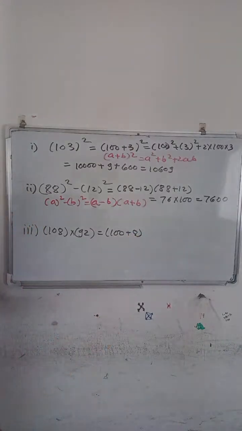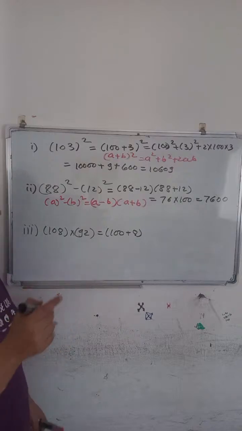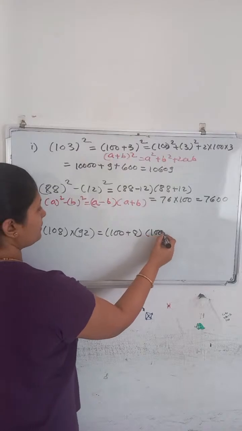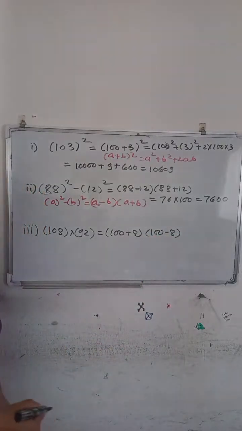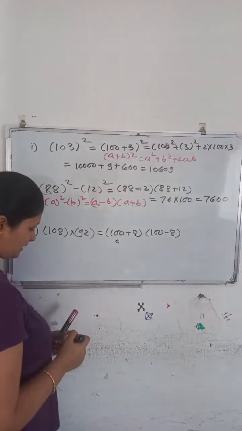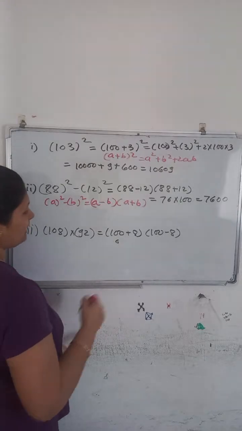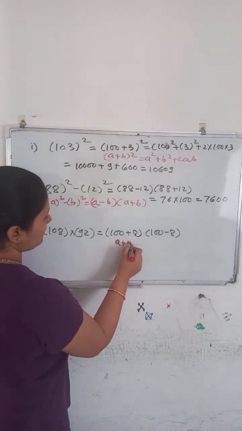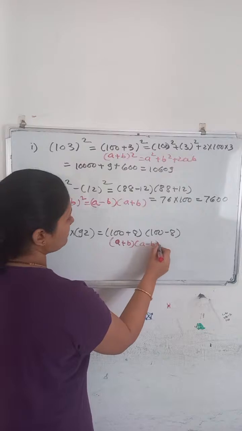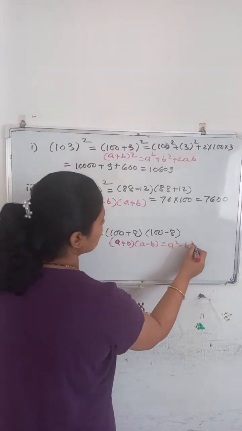But 92, don't write it as 90 plus 2. Here also we can use an identity. You get 92 when you subtract 8 from 100. So we have the identity a plus b into a minus b, which is a square minus b square.